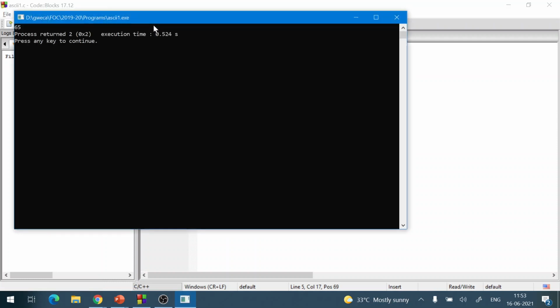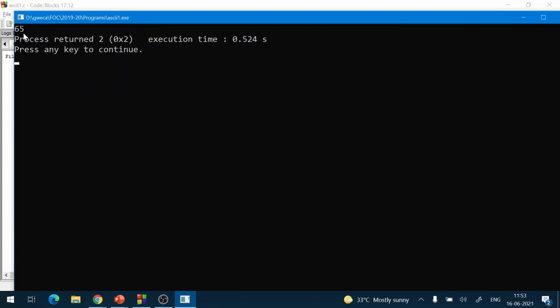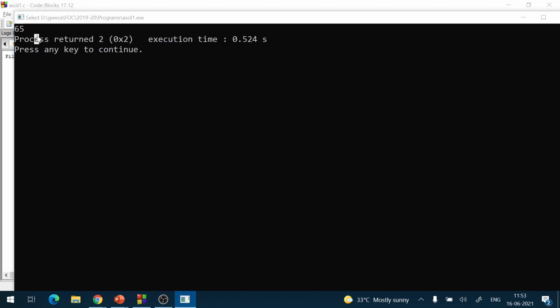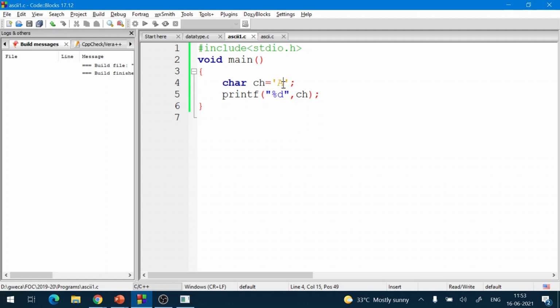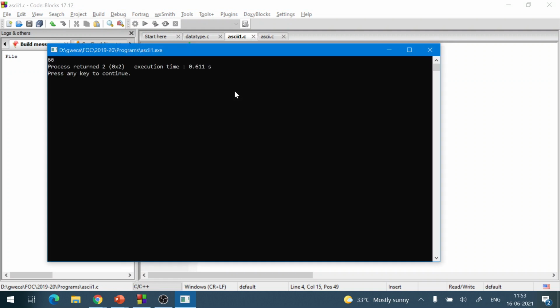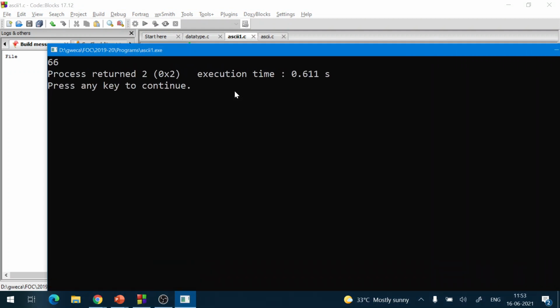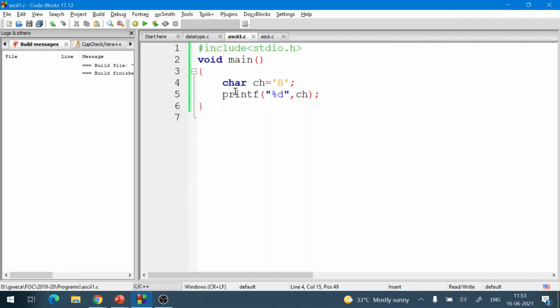Now let us do this. Here we can see that the ASCII value of capital A is 65. Similarly if I do this as capital B and print it, then it is 66. So this is a continuous number that we are getting.